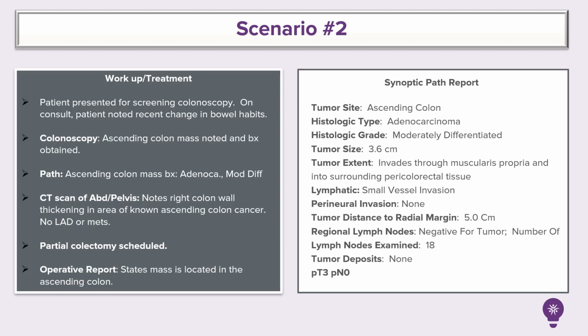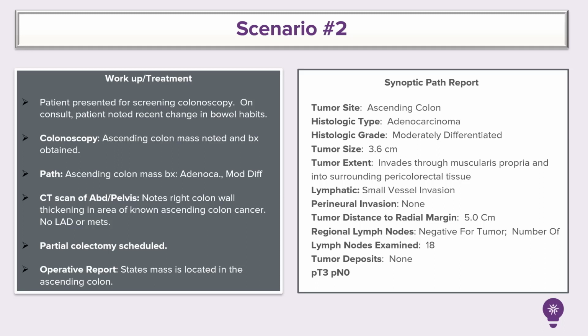Patient notes a recent change in bowel habits and presents for colonoscopy, which reveals an ascending colon mass with biopsy proving moderately differentiated adenocarcinoma. CT notes colon wall thickening in the area of the known ascending colon cancer. There is no LAD or mets noted. Patient scheduled for a partial colectomy, has that partial colectomy.